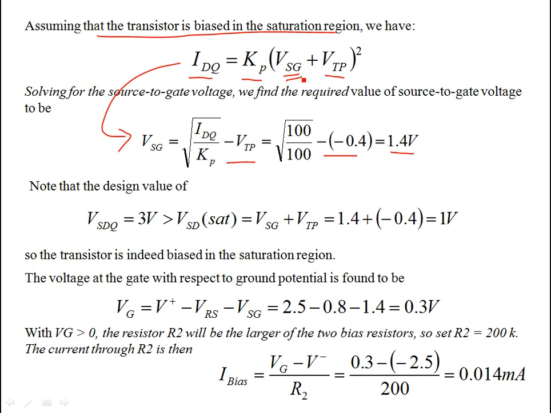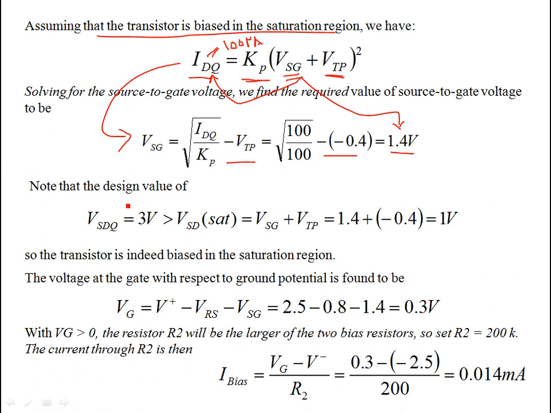This 1.4 volts is responsible for IDQ equal to 100 microamps. So for the given threshold and the given Kp, VSG should be 1.4 volts such that you have the correct Q point current, which is 100 microamps in this example. That is what is desired.